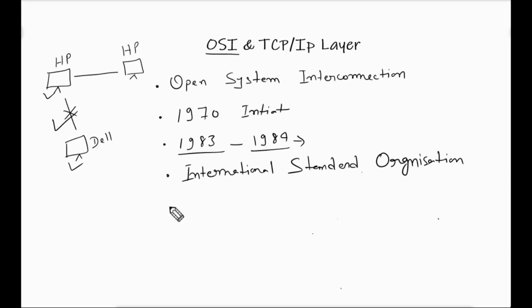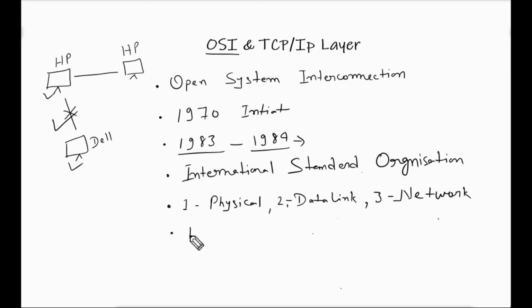OSI has 7 layers. Starting from the first layer, the first layer is the physical layer, the second is the data link layer, the third is the network layer. Sometimes we have heard of layer 3, and that layer 3 is the network layer.